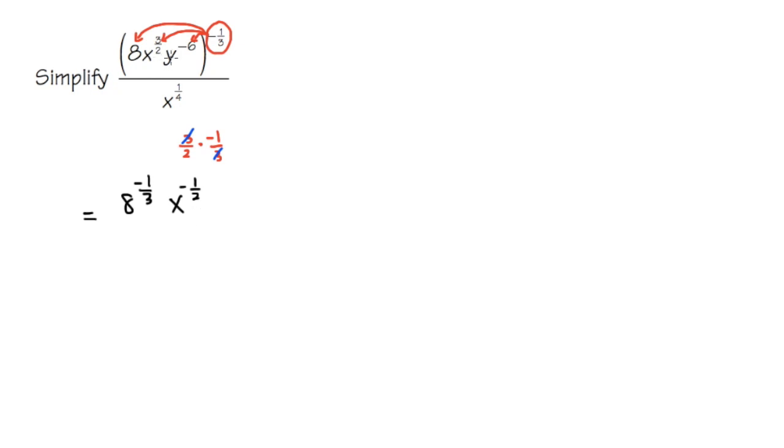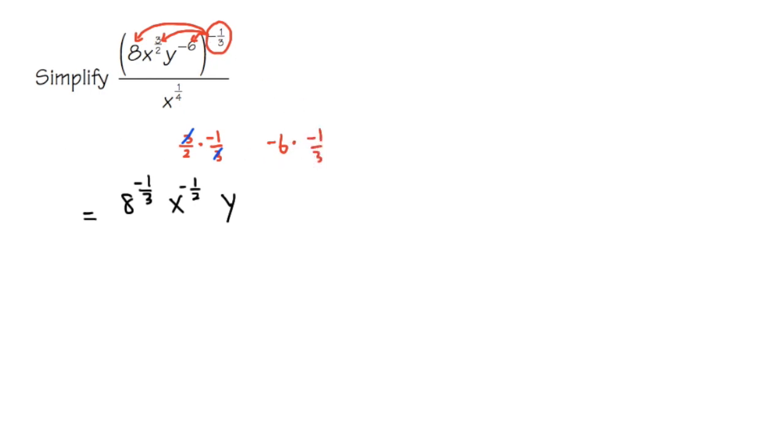How about for the y? We have y to the negative 6 raised to the negative 1/3. The base will stay the same, y, and in this case, we are just going to multiply the exponents as well. Take negative 6 and multiply with negative 1/3.